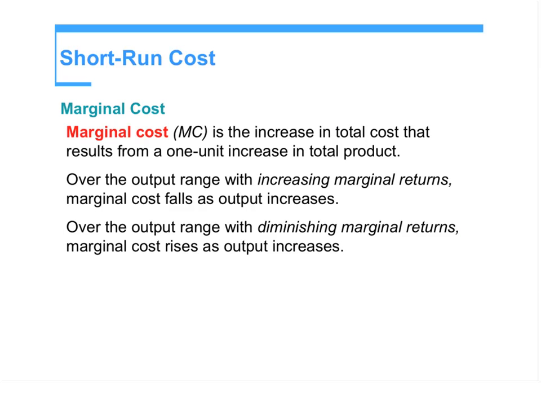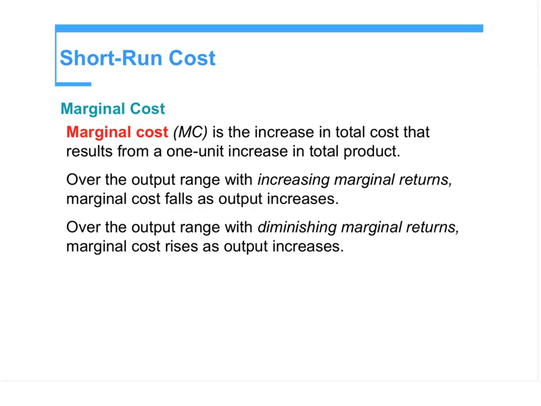Over the output range with increasing marginal returns, marginal cost falls as output increases. So this goes back to the economies of scale concept. As the output increases, the marginal cost decreases. Over the output range with diminishing marginal returns, marginal cost rises as output increases.